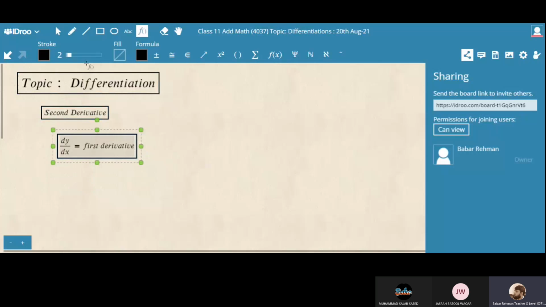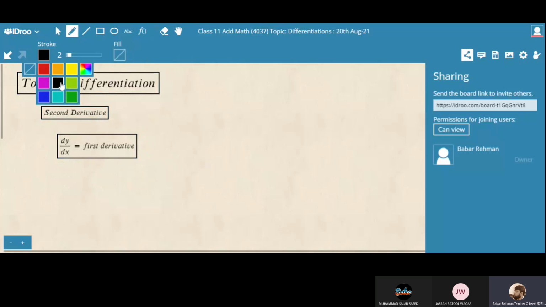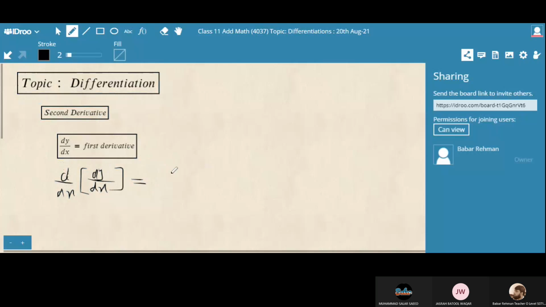Please, this is the first derivative, and this is the second derivative if I want to find it. dy by dx, look at this. I want to find the double derivative, meaning the derivative of the derivative. This is called the double derivative.